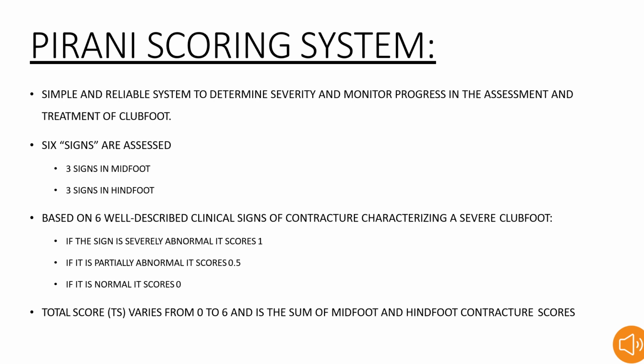Now we'll look into the Pirani scoring system. It is a simple and relatable system to determine severity and monitor progress in the assessment and treatment of clubfoot. It assesses 6 signs, 3 in the midfoot and 3 in the hindfoot, based on 6 well-described clinical signs of contracture characterizing a severe clubfoot.